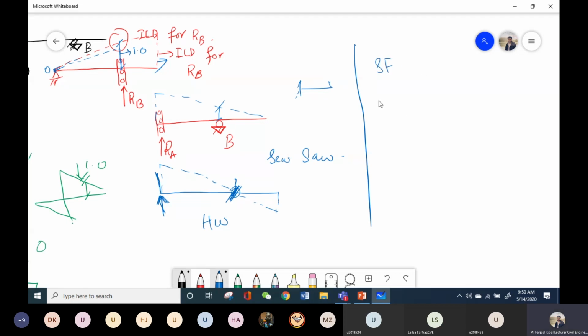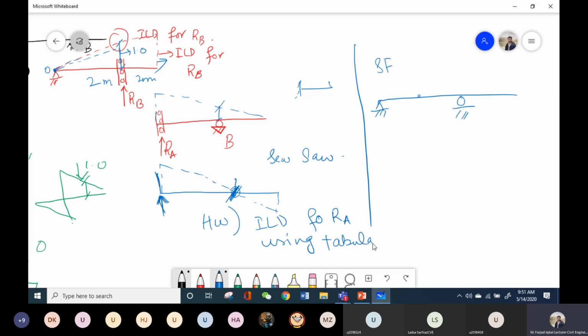For example, I have the same beam and I want to plot, and just note down, this is not in the slide, but I'm giving you one homework to plot the ILD for this beam, or ILD for reaction at A using tabulation method.